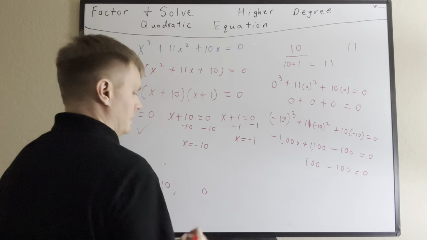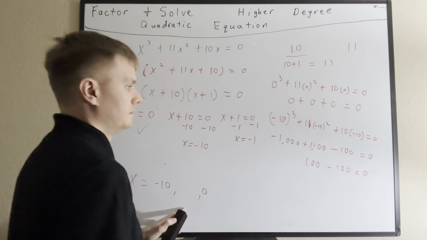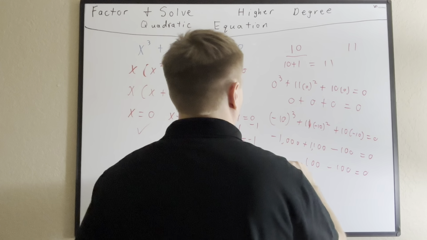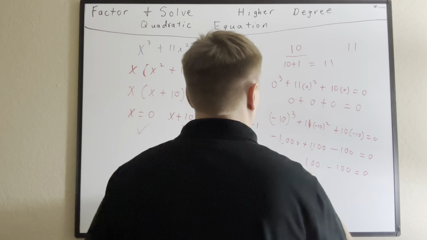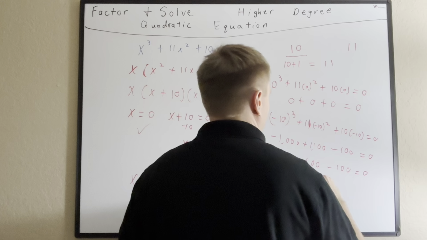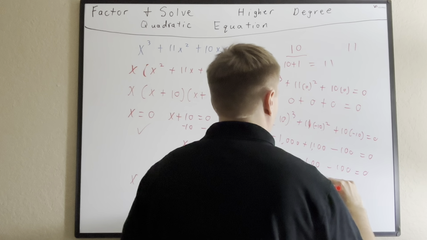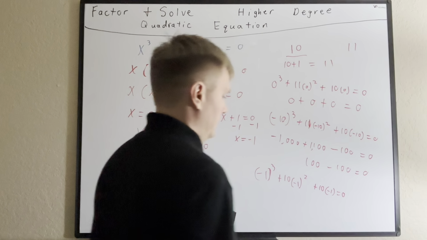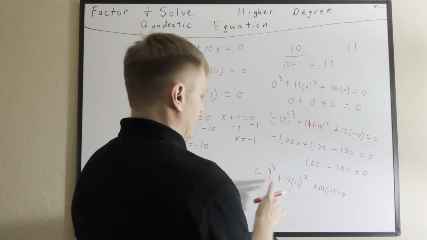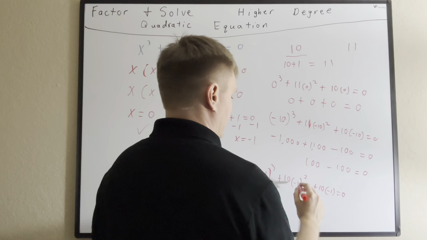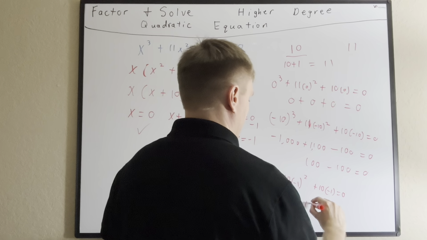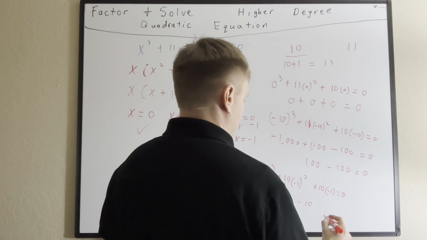And 0. What about that negative 1? Negative 1 cubed plus 11 negative 1 squared plus 10 times negative 1. What do we got? Negative 1 plus 10 minus 10. Wait a minute.